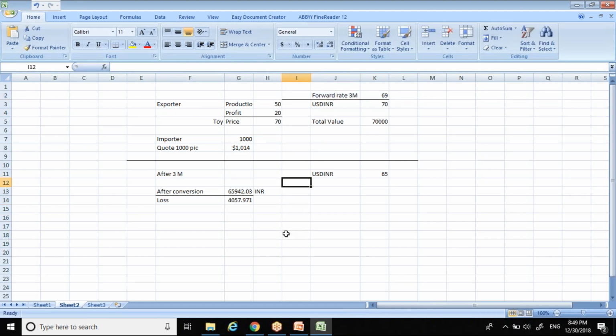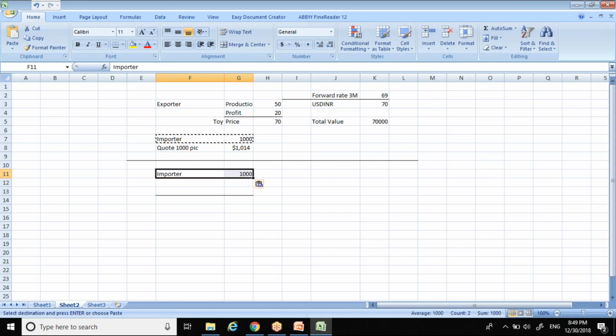Now, second method is, what you do is, on day one, when you are giving quotation to the counterparty, the importer, let's say you are giving them a $1,000 quote for 1,000 toys.